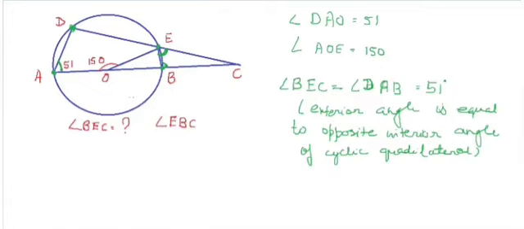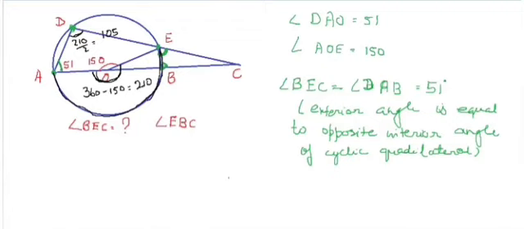Now we need to find out this angle. For this, we can see that we can calculate this reflex angle. This reflex angle will be 360 minus 150, so that is 210. Now we can see that this segment is making 210 at the center, so the same segment will make 210 upon 2 at the circle, that is 105.